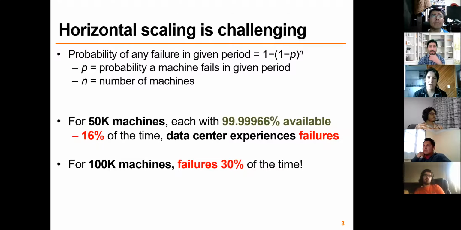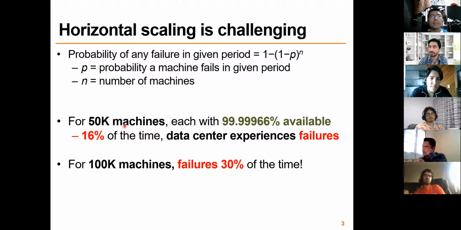It's challenging, of course, because no matter what the rate of availability of the system is, even if servers are available 99.99999% of the time, when you have a large number of machines you have a large number of failures.